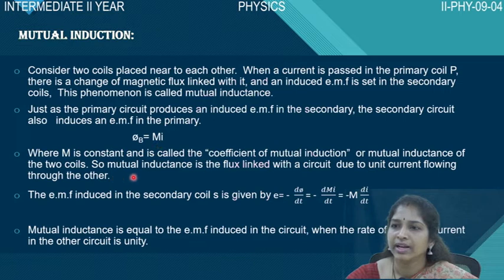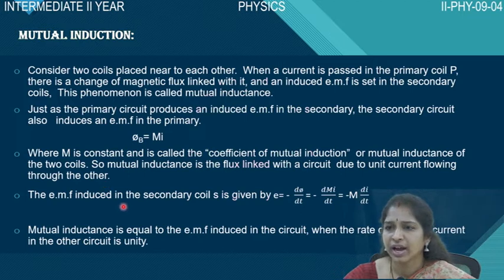So the mutual inductance is the flux linked with a circuit due to the unit current passing through the other. How can I say the unit current? See, if I substitute I equals 1 ampere here, I can write phi B equals M. So the coefficient of mutual induction or mutual inductance is the flux that is linked with a coil when 1 ampere current is passing through the other coil.